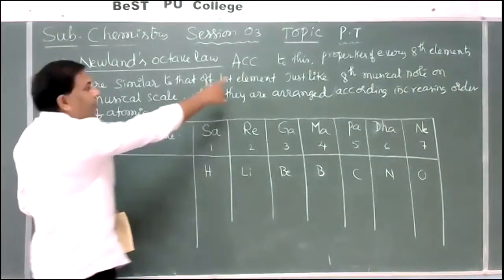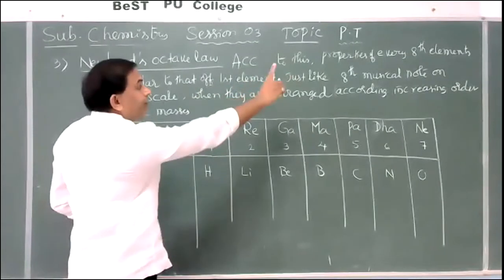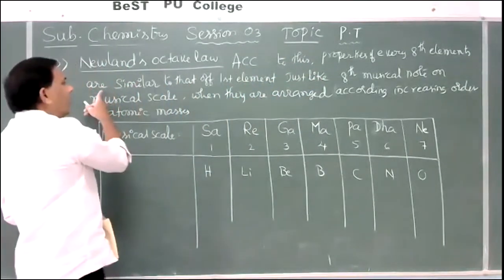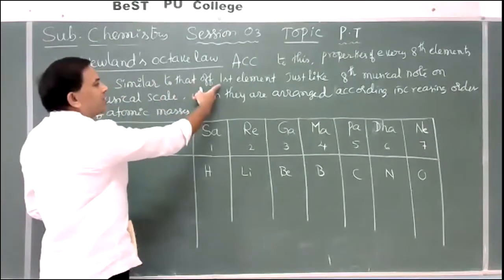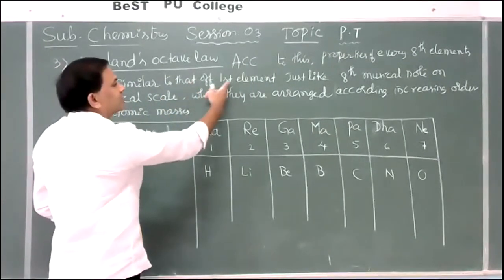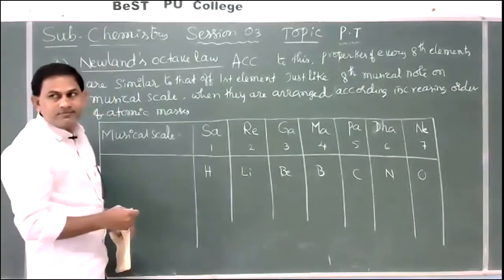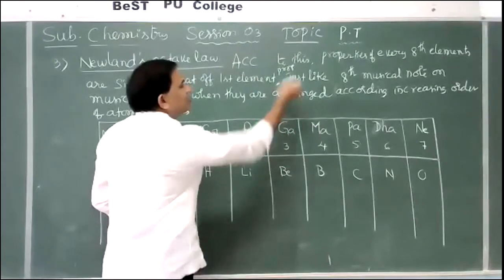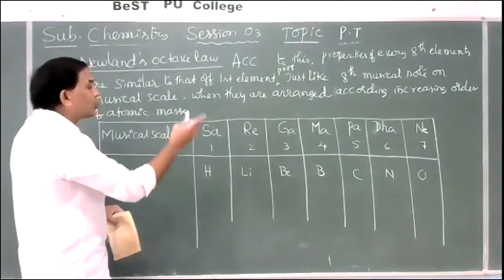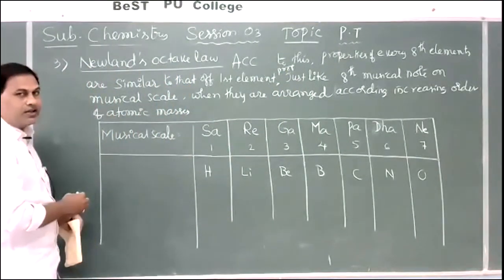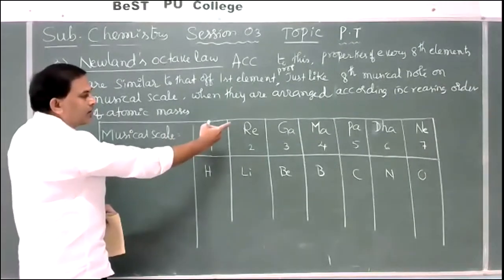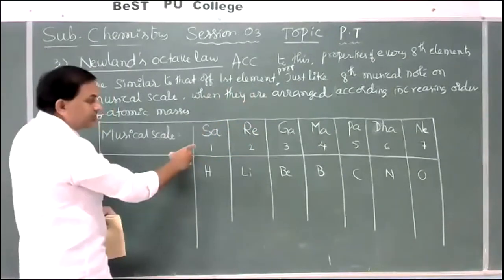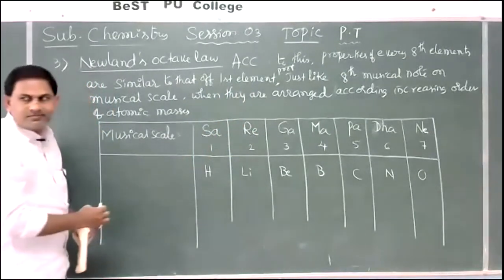That's why, according to this, the properties of every 8th element at the time of Newlands are similar to that of the first element, just like the 8th musical note on a musical scale. See here, sa, re, ga, ma, pa, dha, ni, then again the 8th note is sa, starting again.